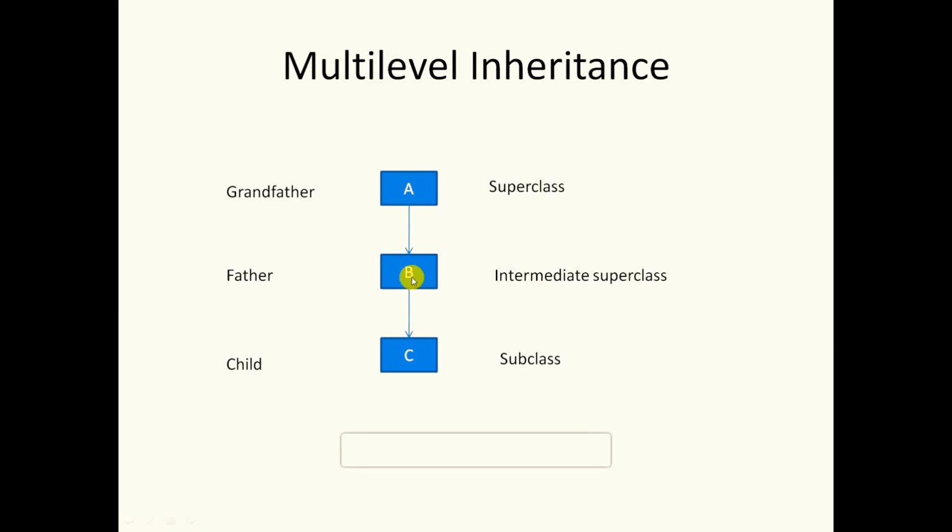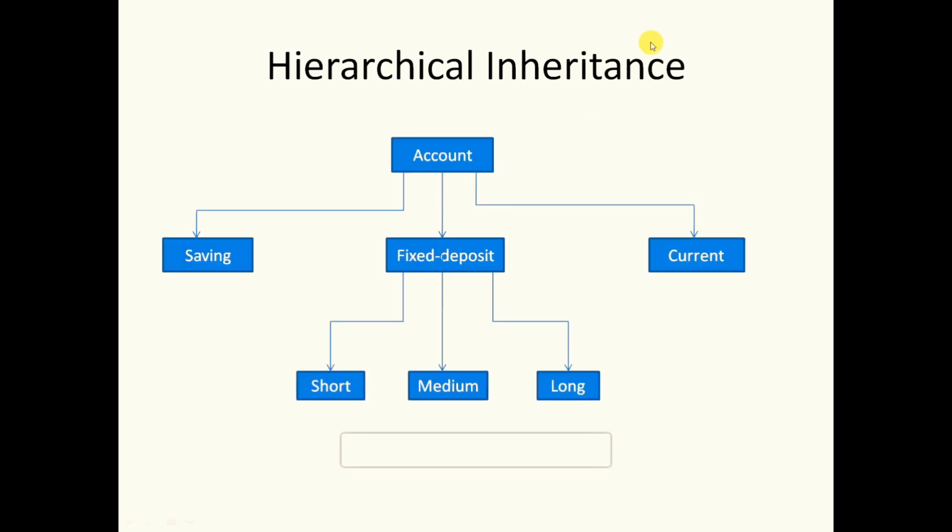So it means class C, which acquires the properties of B, can also acquire the properties of A. So this is multi-level inheritance, and this is hierarchical inheritance.